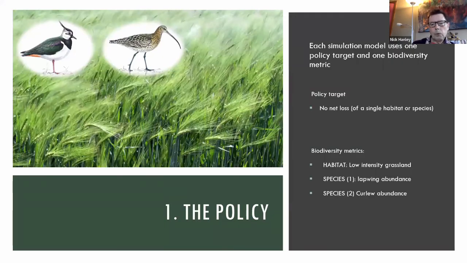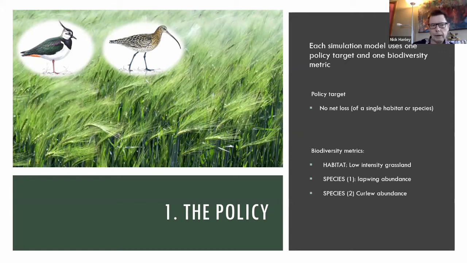And what's the policy we're going to be simulating here? Each simulation is going to use one policy target and one metric. The policy target here is going to be no net loss. So we're not talking about net gain. We could do, but we're not.